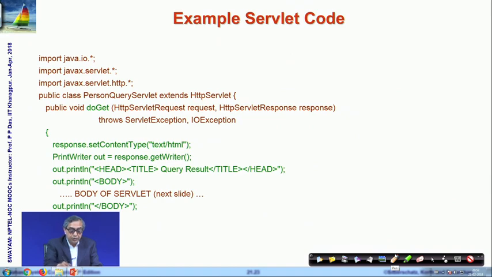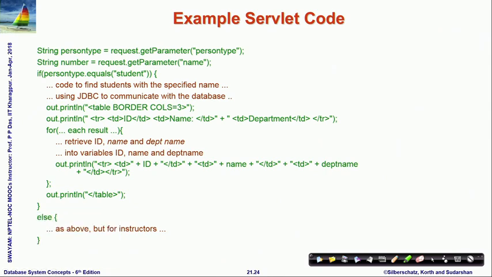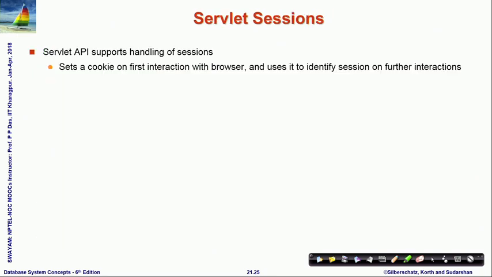This is a typical servlet view, which shows that in the servlet you are creating the HTML response that you would like to have. There are different details, you can read through that. This is a typical servlet code. It is Java code which, through println, will generate different lines of the HTML.